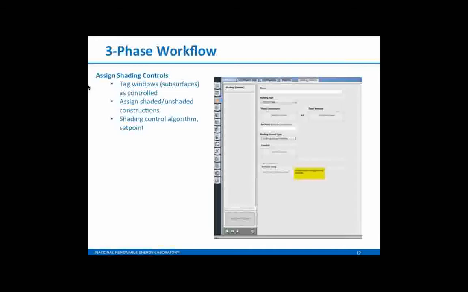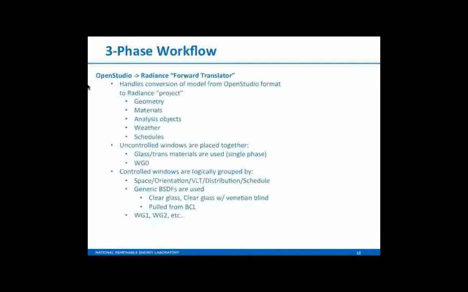Finally, this is really where all the work happens, but it's kind of like watching grass grow to actually do a demo. This is just the forward translator, which takes the OpenStudio model and turns it into a Radiance model or project. EnergyPlus is sort of monolithic: there's one input file. Radiance tends to be lots and lots of RAD files and CAL files and schedules that all get munged together and piped from one command to the next.